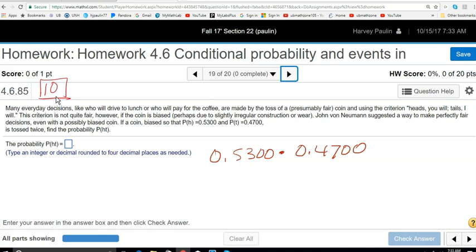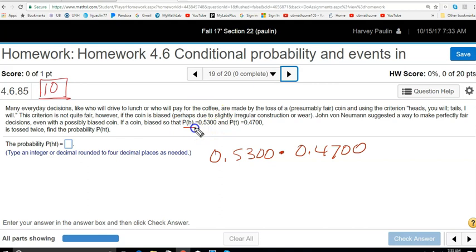Looking at this, they're saying that individuals toss coins to determine whether they're going to do something or not. Maybe in the past, but not lately. But anyway, they say that chances are it's not really 50-50, but because of defects in the coin or wear, the odds are slightly different.